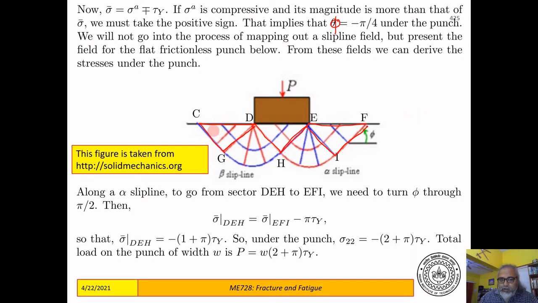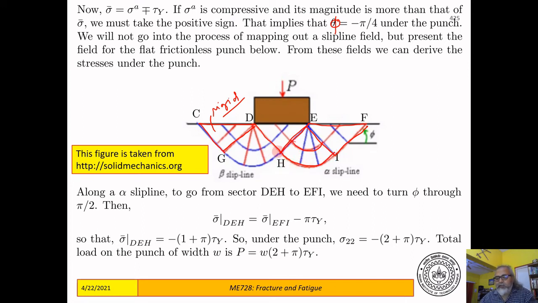These are called rigid regions because the slip lines are straight here, and therefore sigma bar is constant here. But these regions have to be connected by these fans, where the slip lines are curved.